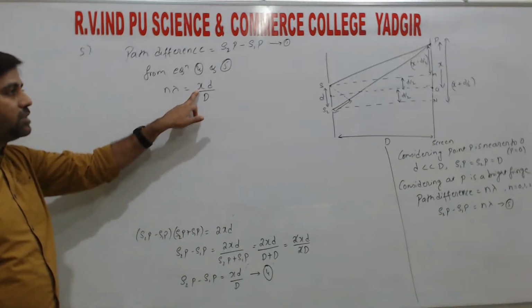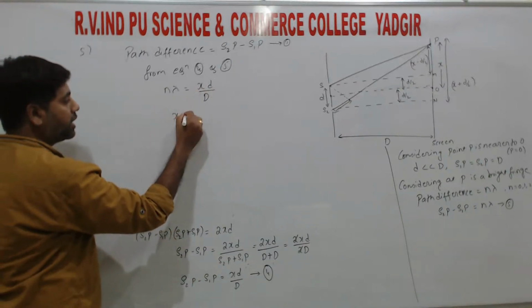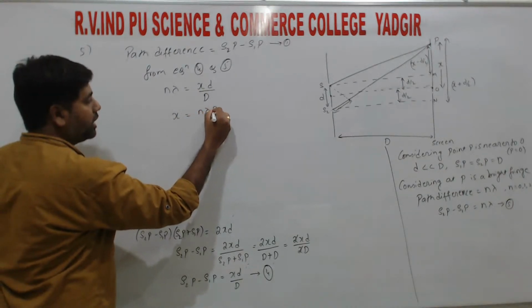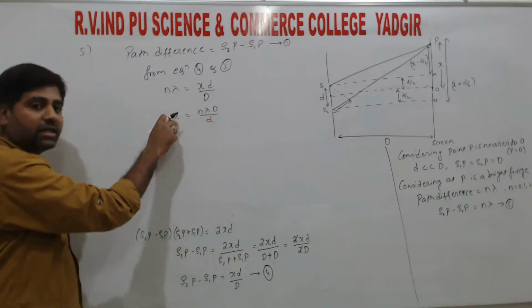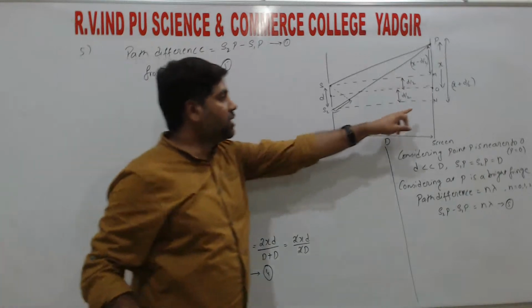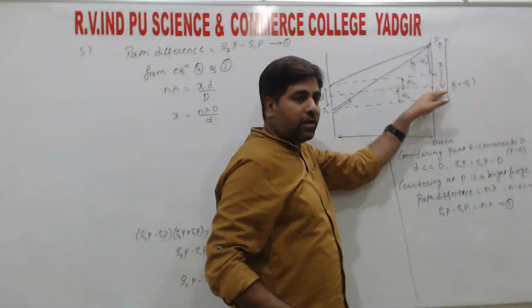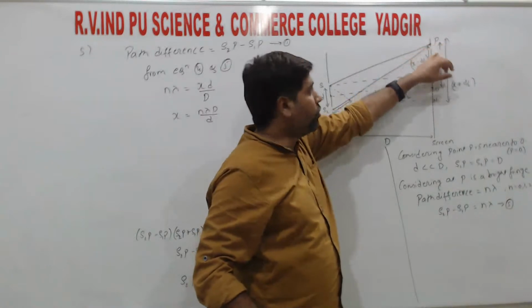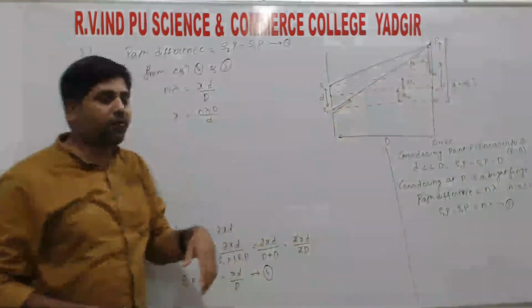So here x is the distance, so we can take x is equal to n lambda D divided by d. So x is the distance from the center of the screen to the bright fringe, right? So this we have taken as the nth bright fringe, right?